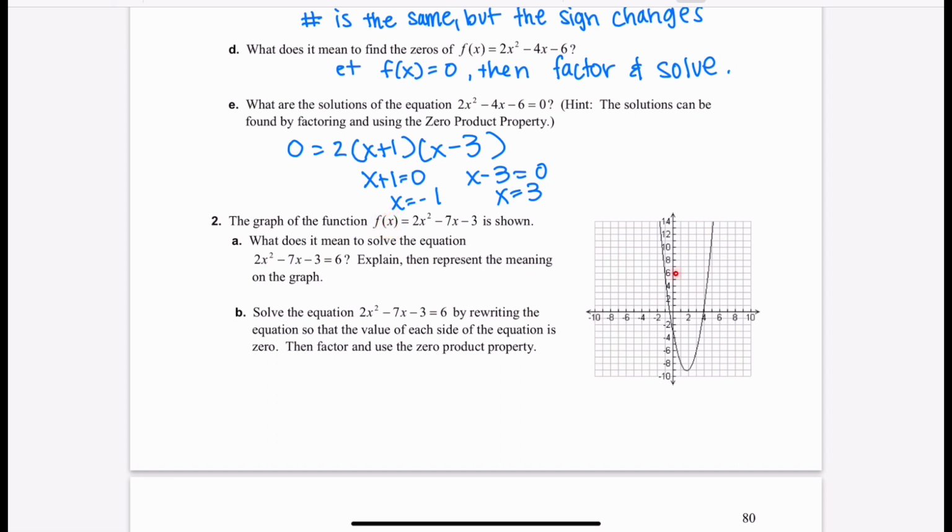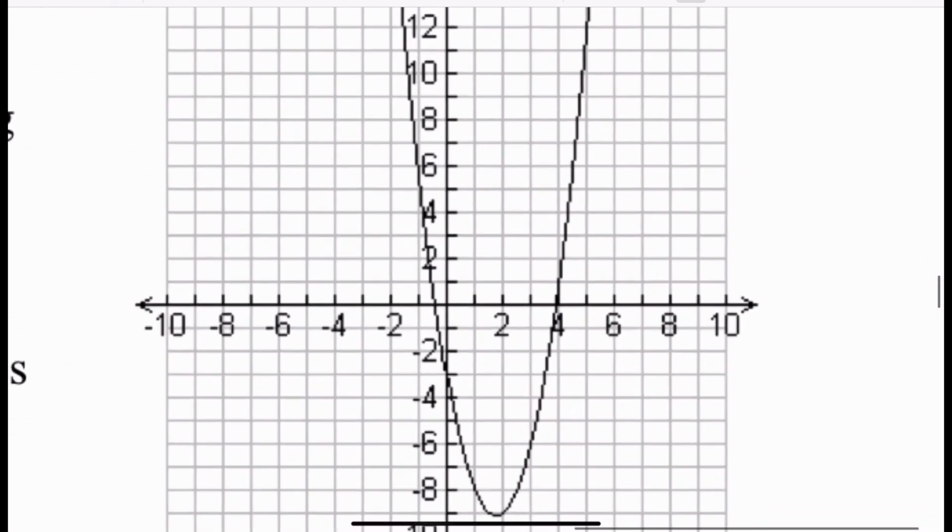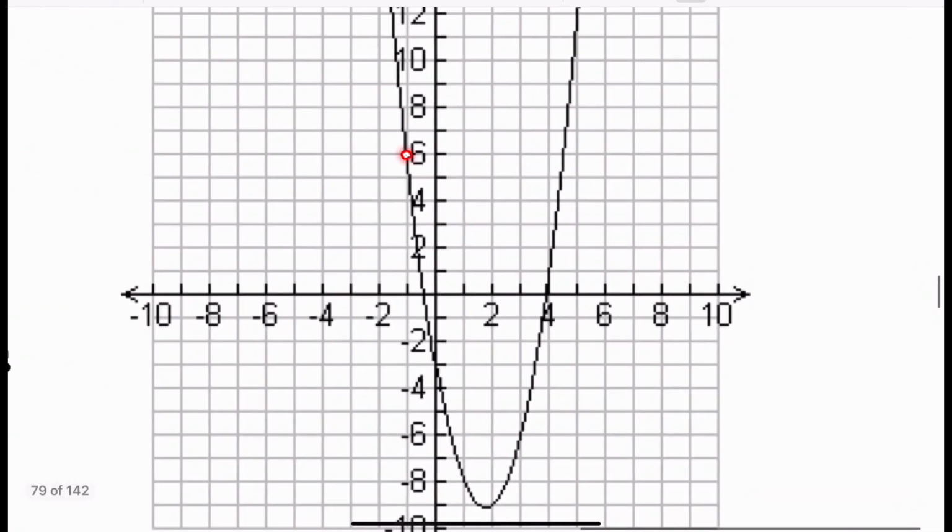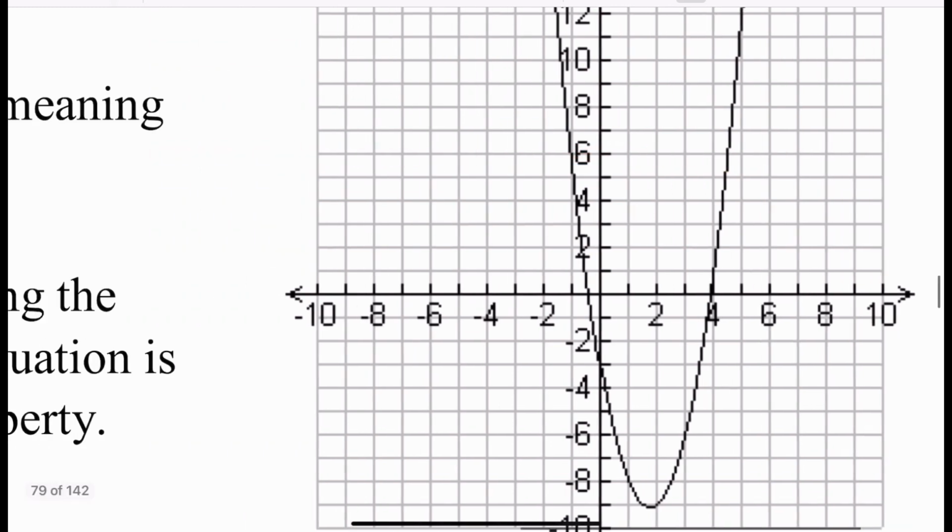When y is 6, I'm going to draw a line right at 6. Now let's just kind of zoom in here. There's a point here where it crosses and a point here. Now it's not exactly on the line. This one may or may not be right on the line, but this one is somewhere in the middle. So it's kind of hard to tell just from the graph.